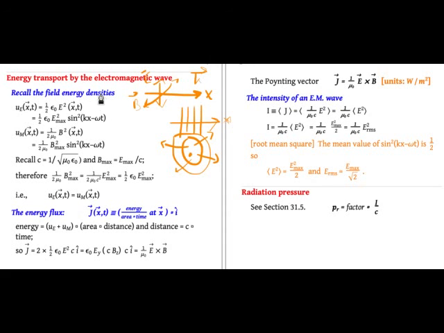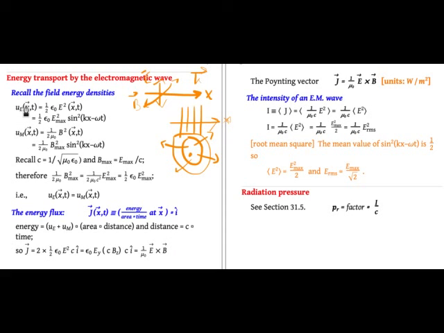All right, now let's consider energy transport by the electromagnetic wave. We learned before field energies. For example, the energy per unit volume in an electric field, U sub E, is 1/2 epsilon naught E squared. And for our plane wave, E squared is E max squared times sine squared kx minus omega t.